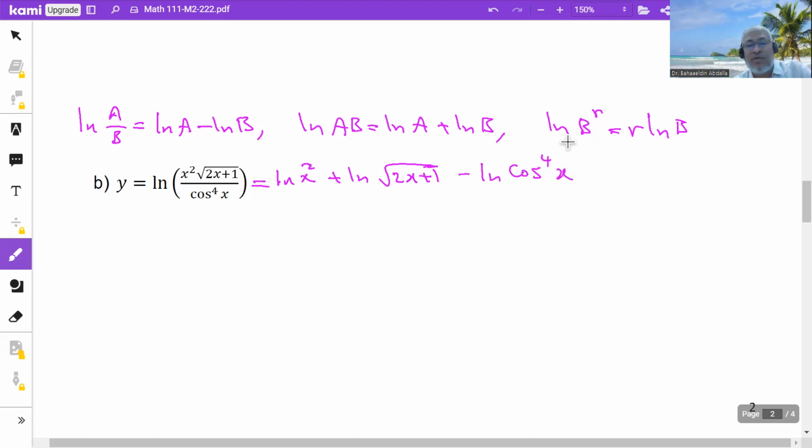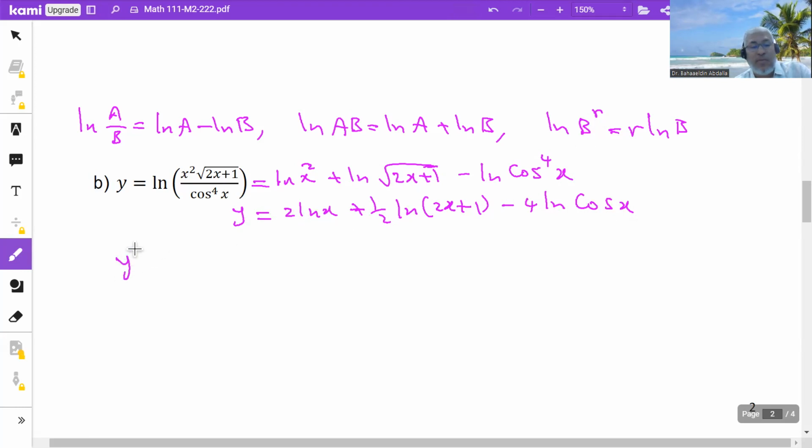And then you can use the last property to take r out. So y would be 2 ln x plus half, because the square root is 2x plus 1 to the power half. Keep parentheses here, and you can bring the 4x out.